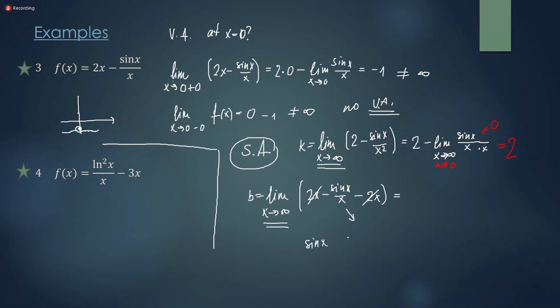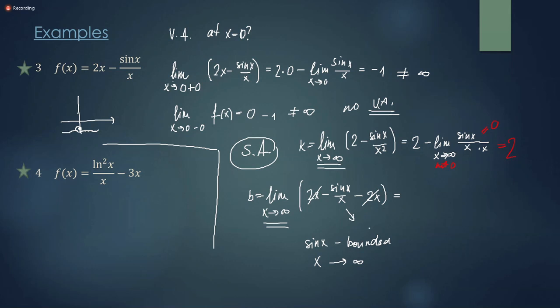Sine x is bounded, that is, its values are finite and small, and x, of course, tends to infinity. So we still have something smallish between -1 and 1 divided by something infinite. So, of course, it's 0.